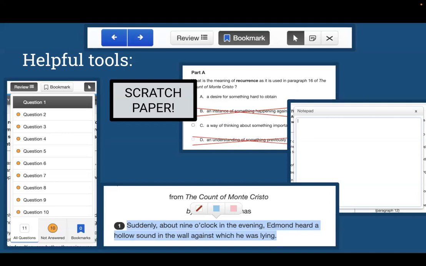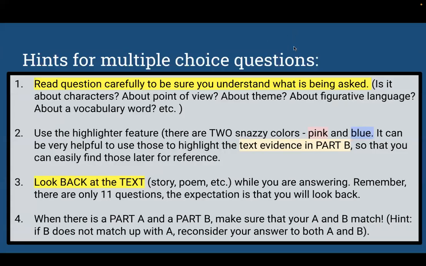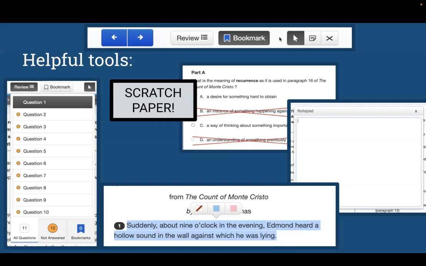Even if you answered it, if you have extra time, you might think, that one, I want to think a little bit more about it and come back to it. There's a pointer arrow here that you can use as well. You can use this X to scratch out an answer that is wrong. A lot of times with multiple choice, you've told me, oh, I can eliminate two right away. They feel very wrong and you feel confident about it. Then it helps you to see the two choices you have left.